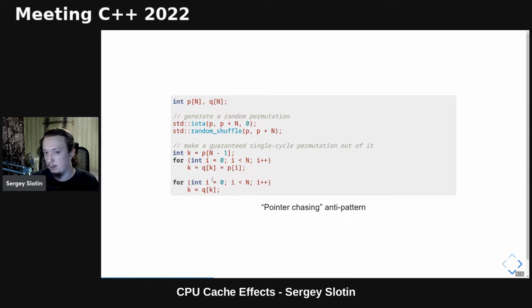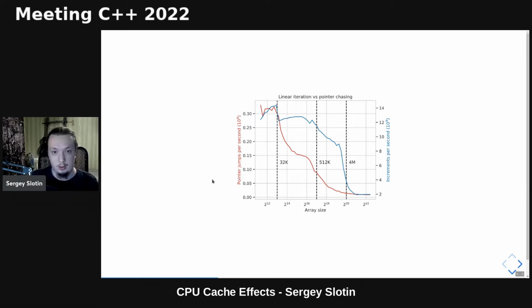We run it, and compared to sequential iteration, it is much slower to visit all elements of an array of the same size this way, by about 2 orders of magnitude. Note that the scales of these two graphs are different. Not only does this pattern make vectorization impossible, but it also stalls the pipeline, creating a sort of traffic jam of instructions, all waiting for a single piece of data, the next pointer, to be fetched from the memory.